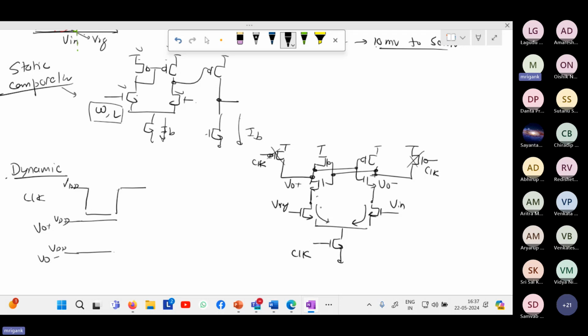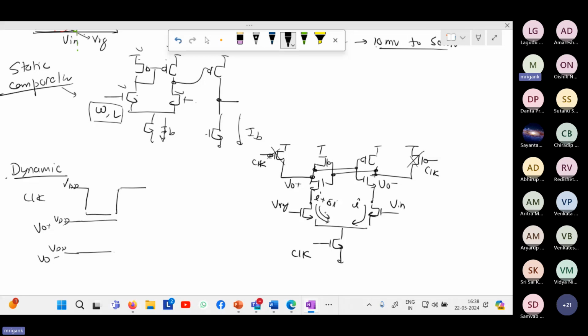You will have a bigger current in that branch, so it depends upon the input devices. If the device size is bigger, gm is bigger, it will be able to convert that small difference in the Vin to a delta I. Suppose this is I plus delta I. This will happen when Vin is less than Vref, or Vref is bigger than Vin. Then you will have an additional I plus delta I flowing in the Vref branch and lesser current flowing in the Vin branch.